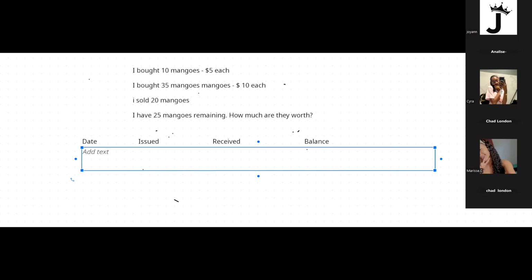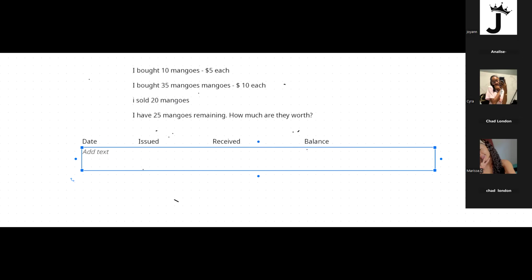The second transaction now, I bought 35 mangoes for $10 each. So now how many mangoes do I have in all? 45 mangoes, right?